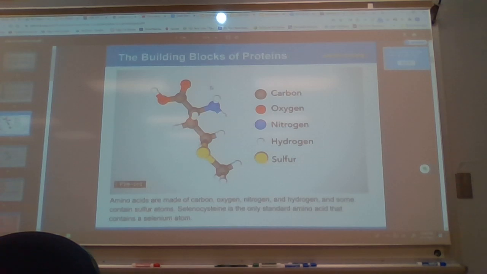When we look at a protein, we're going to see the same atoms multiple times. The atoms that proteins are made up of are carbon, oxygen, nitrogen, hydrogen, and sulfur.